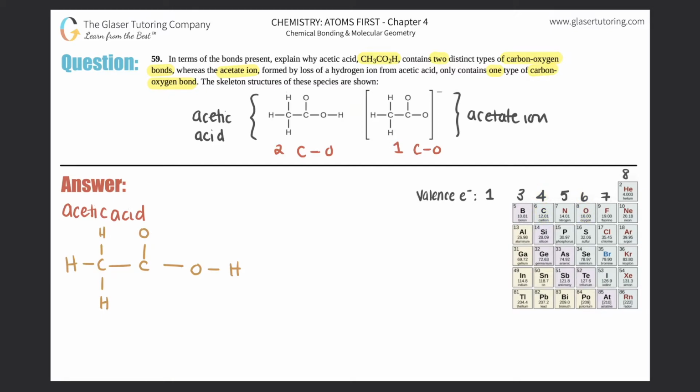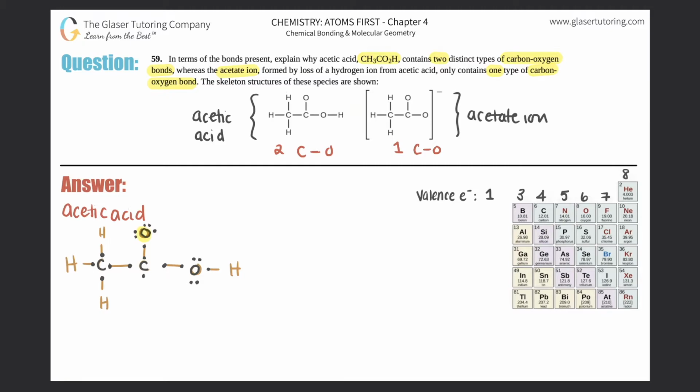For this carbon, there were 1, 2, 3, 4 valence electrons, so that's all accounted for. But for this one, there's only 3, 1, 2, and 3. So there's one lone electron that needs to do something. So let's look now. Oxygen should have 6 valence electrons. So 1, 2, 3, 4, 5, 6. And then this oxygen has 1, 2, 3, 4, 5, 6.